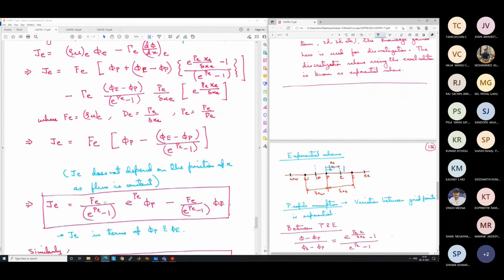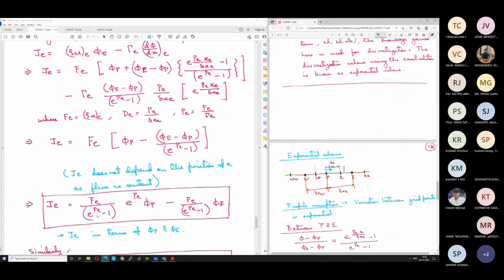We will have 1 by e to the power P minus 1, plus 1. So we will be left with e to the power P. You have to just do it by hand and you will see that this is what we obtain.